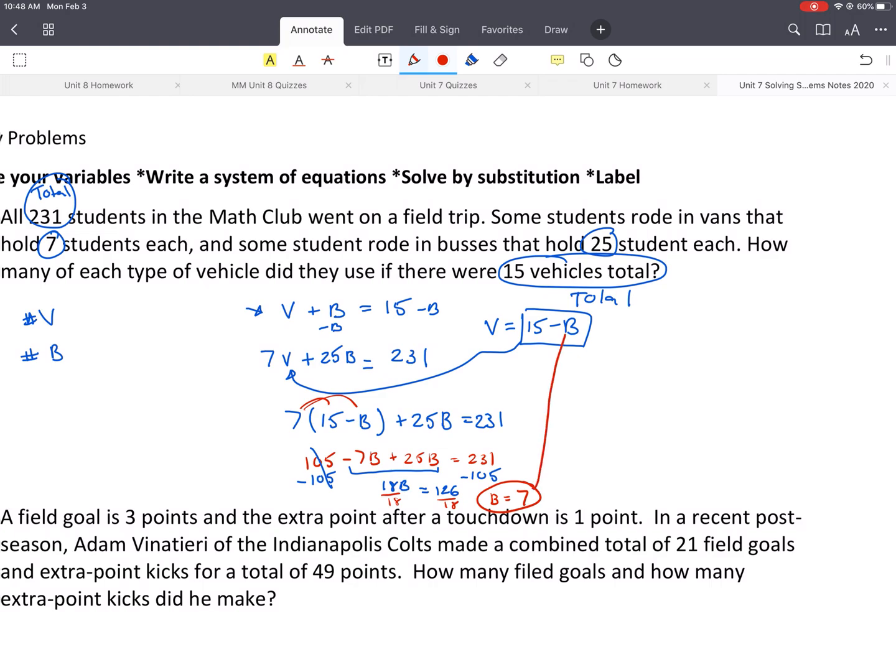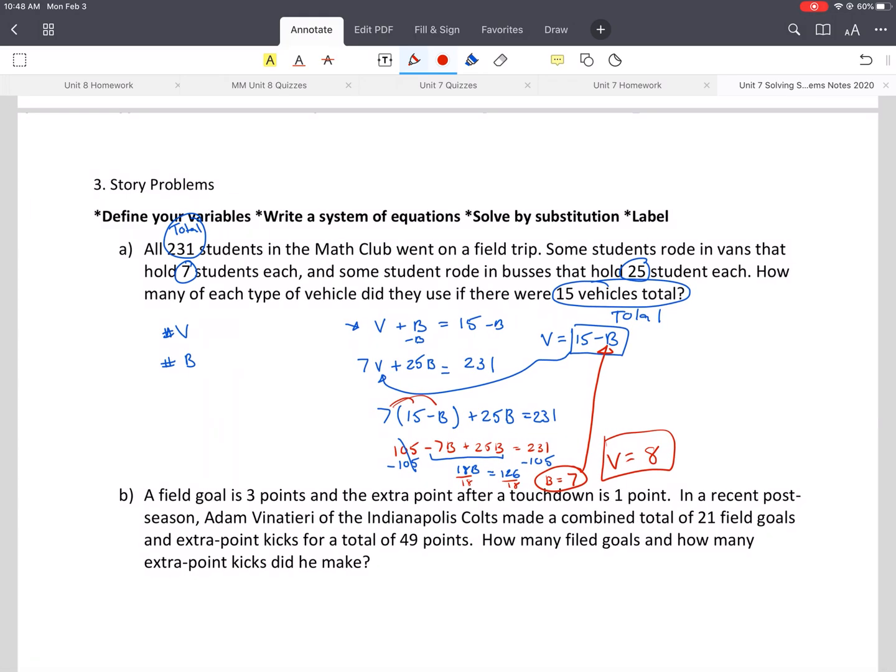So we'll just plug that in here. 15 minus 7, that ends up giving you 8. So v is 8. All right, and they don't ask you for ordered pairs because that doesn't really make as much sense. So we'll just write 7 buses and 8 vans.